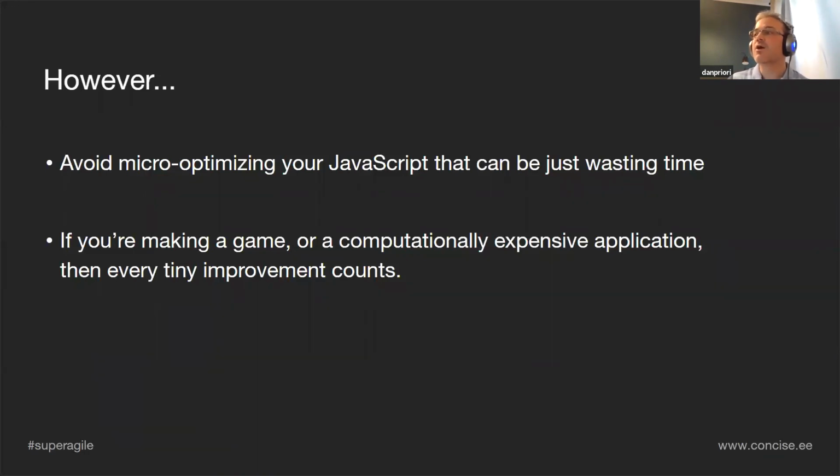But it's almost always true that you will only be calling functions like these a small number of times per frame. So it's normally wasted effort to focus on this aspect of JavaScript performance, and you will typically only save fractions of milliseconds.